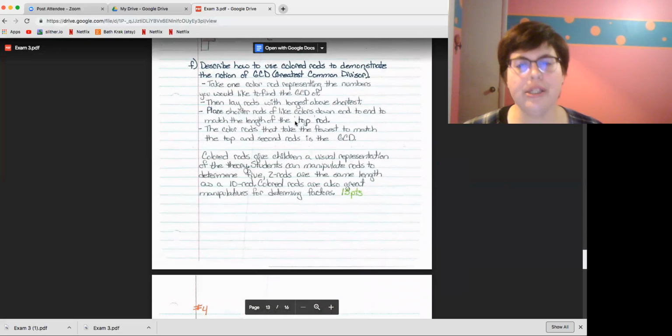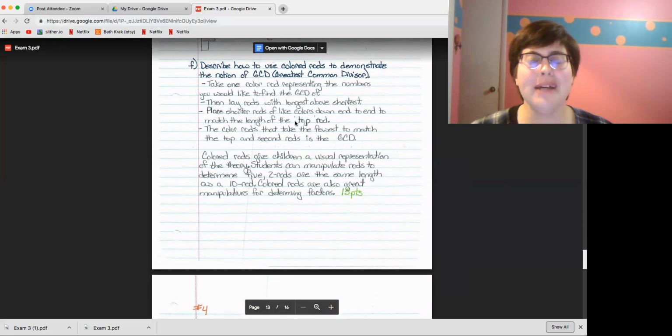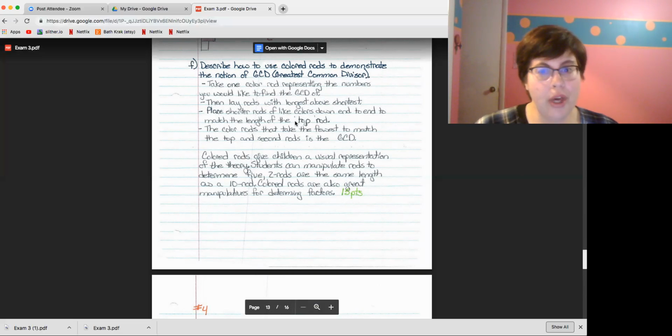And how would we use this to help our students, our children? It's because they learn when they're hands-on. And these rods, if we have that green 9 rod, and we have 2 or 3 or 4 of a red rod, and we know that those are 2s, well, we know that if we lay those 2s end to end, that's not going to match the 9 rod.